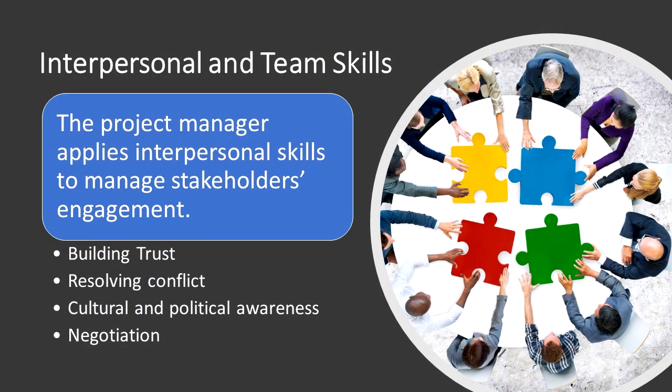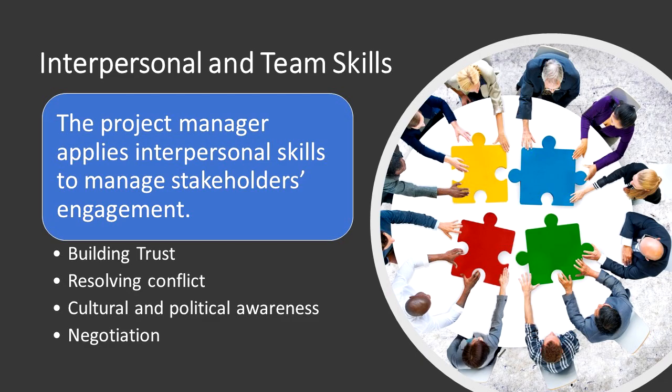Our next tool and technique is interpersonal and team skills. When dealing with stakeholders, it's very important that the project manager is able to identify conflict, understand the conflict, and know the power and political play to resolve that conflict. The project manager should make sure that conflicts between stakeholders are resolved in an efficient and timely fashion. Also, the project manager and the team may find that they need to leverage cultural awareness.